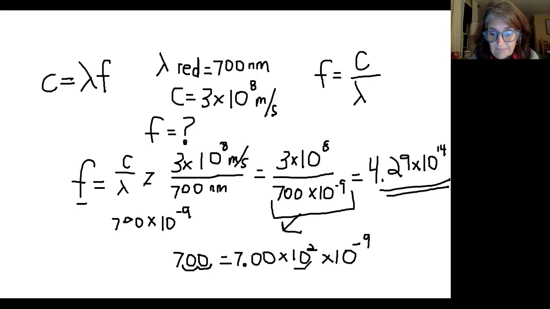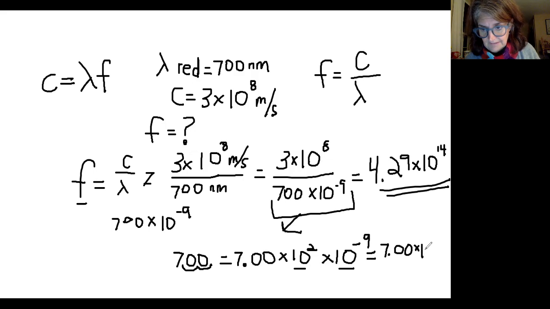Because these bases are the same, we add exponents. And so this ends up becoming 7.00 times 10 to the minus 7.